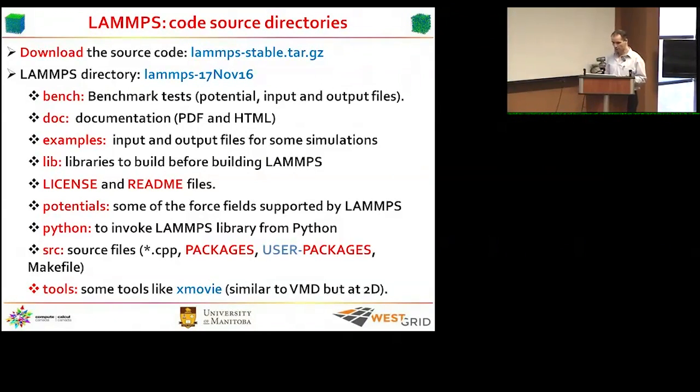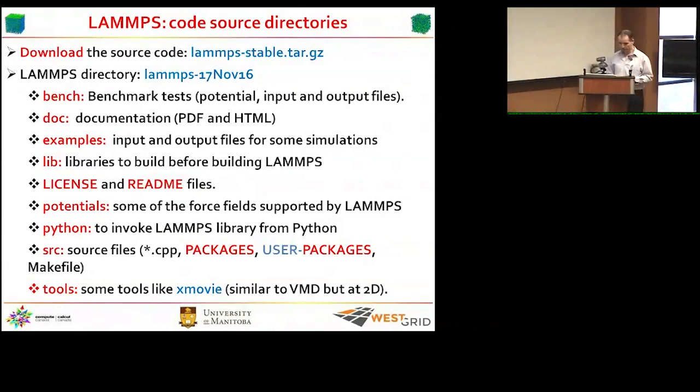These examples are very simple. You already have the input file and the output file. So to learn LAMMPS, the best starting point is the examples. Just go to the examples and run them. They don't take much time, a few minutes or a few seconds maybe.